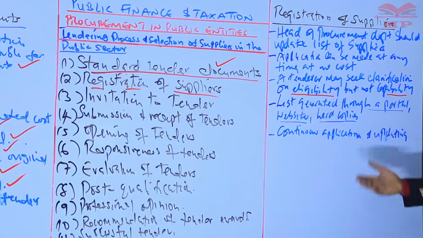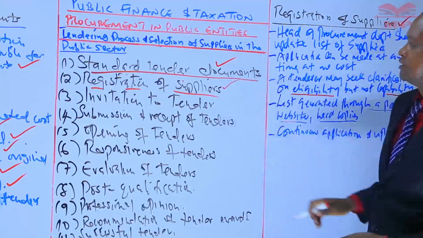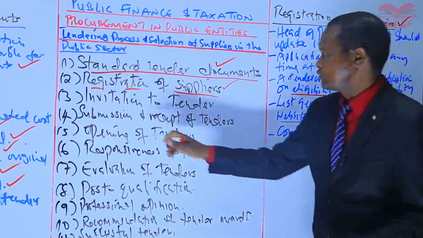So that is registration of suppliers. Then there is invitation to tender.